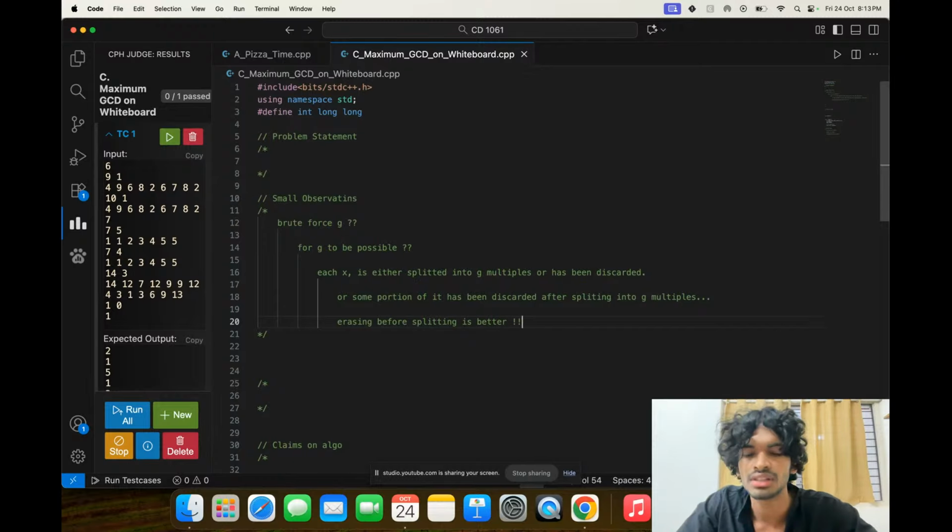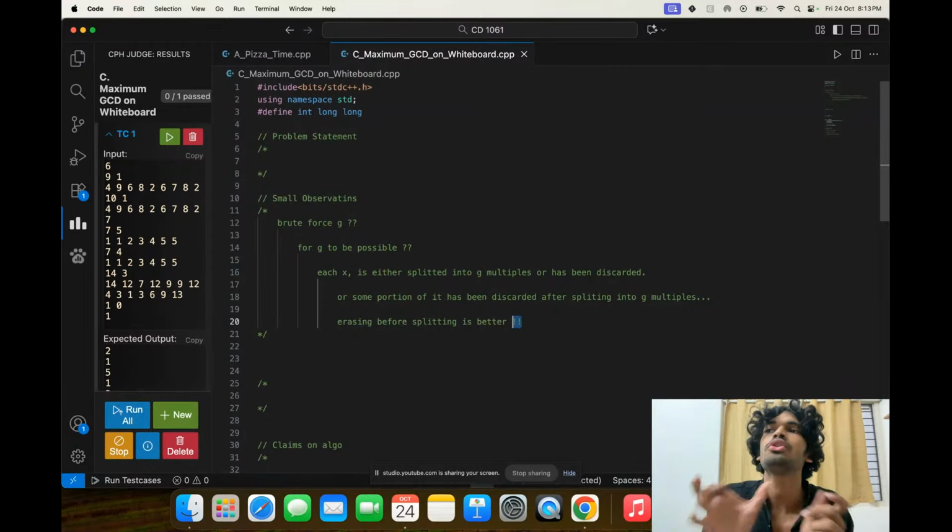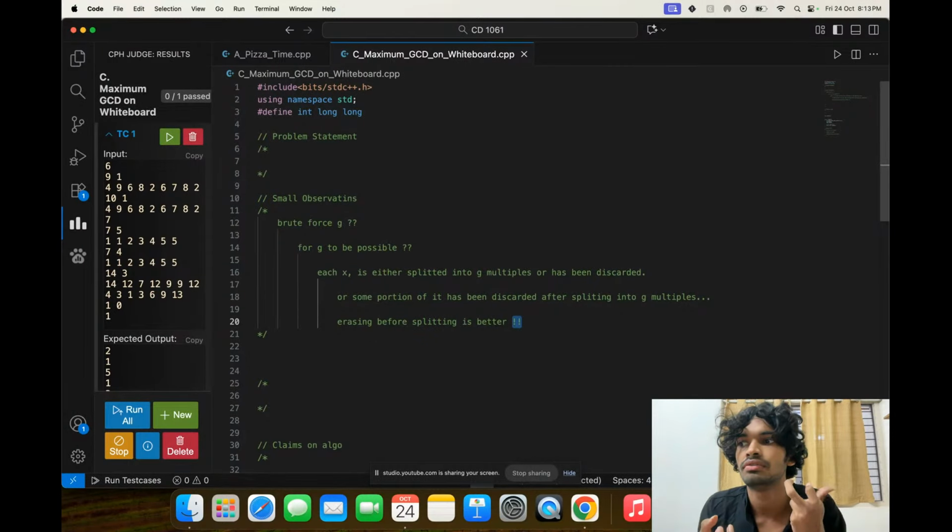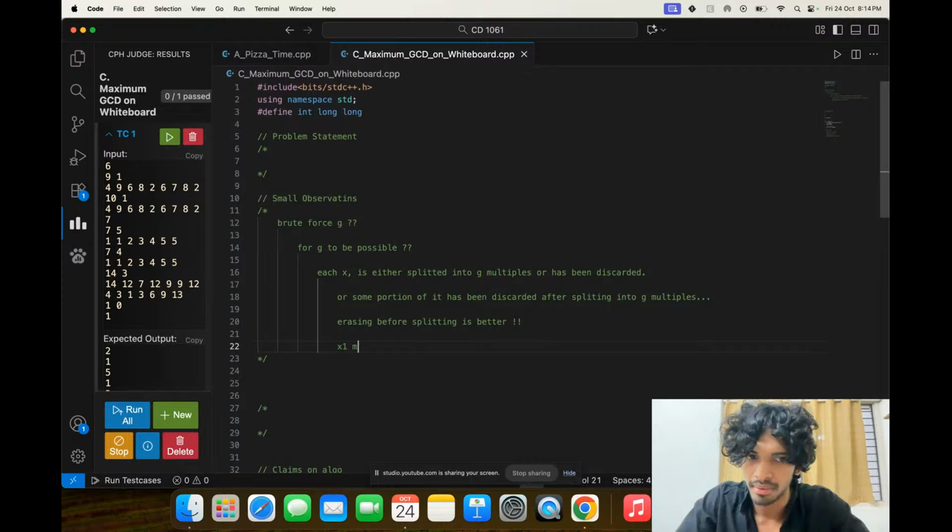Now, splitting can be done any number of times, right? But if you split and it is not a g multiple, you have to erase again. So erasing directly would have been better, right? So x1 must be a g multiple.